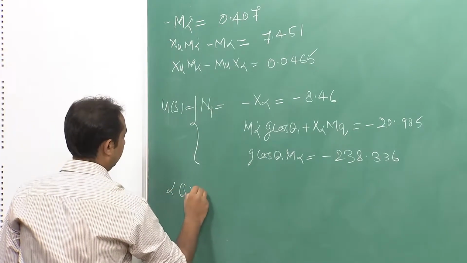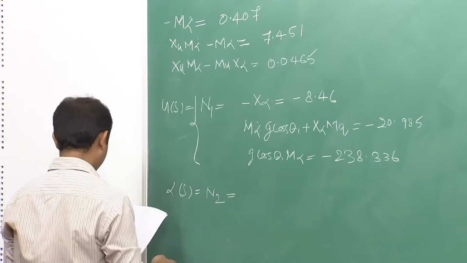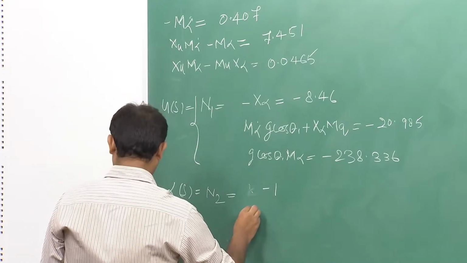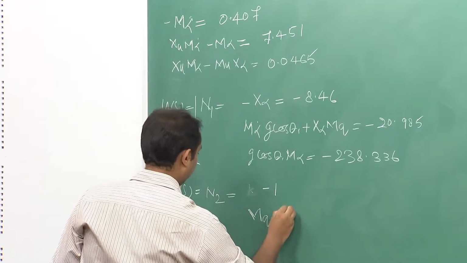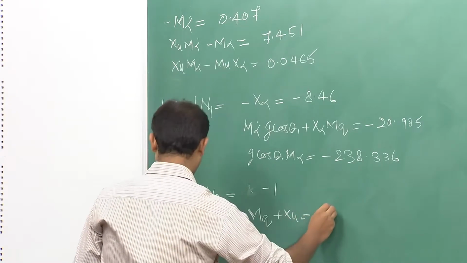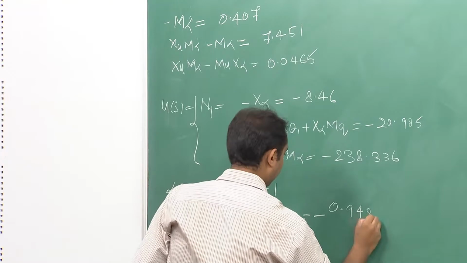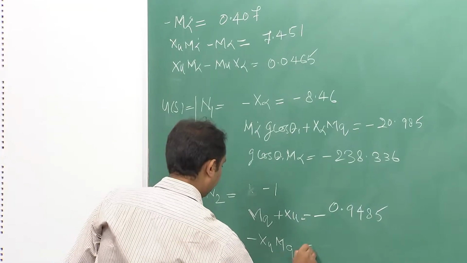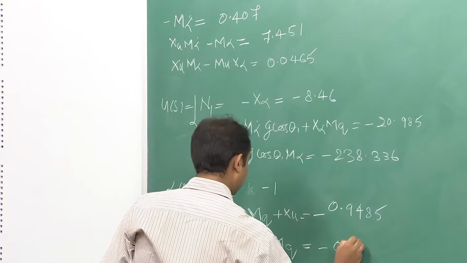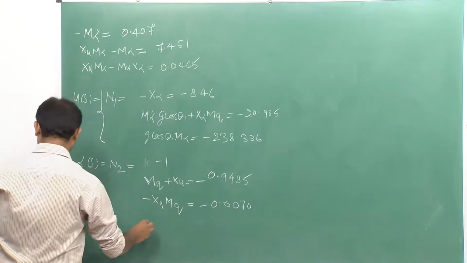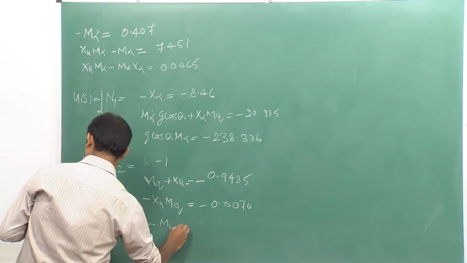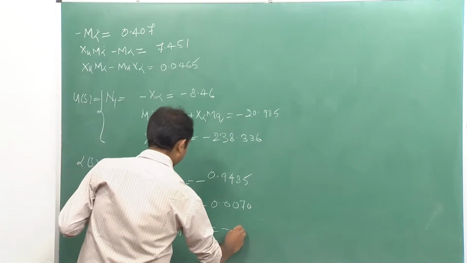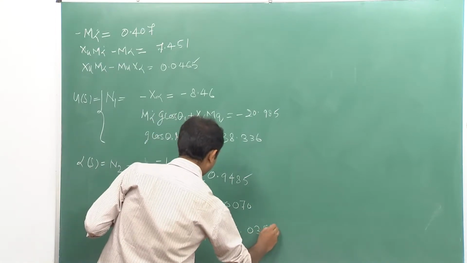For alpha of s, similarly, that is your numerator n2, the coefficients will be minus 1, m q plus x of u equals minus 0.9485, minus x u m q equals minus 0.0070, minus m u g cos theta 1 equals minus 0.0352.